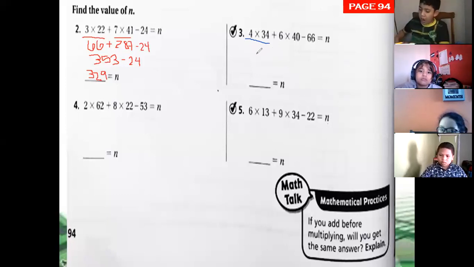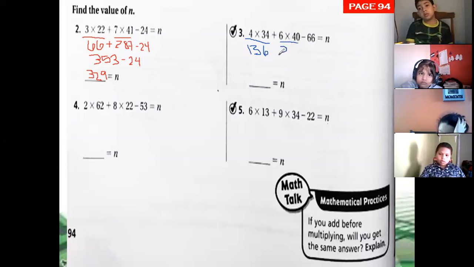So 4 times 34 equals 136. 6 times 40 is 240.